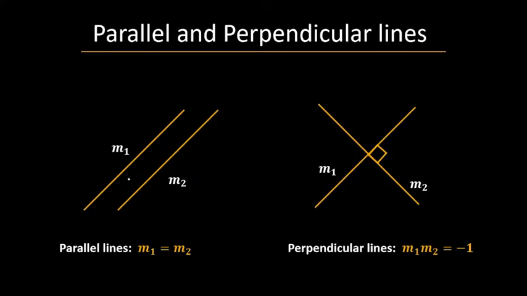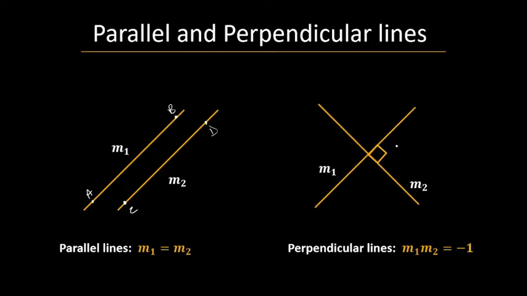Assuming you take a point here, let's say point A, and then another point here, point B, and then you take another point on the second line over here, let's say C, and another point here, D. If you calculate the gradient for the first line, the gradient will be equal to that of the second line. So we say for parallel lines, the gradient M1 for line 1 will be equal to the gradient M2 for line 2 because they are parallel.